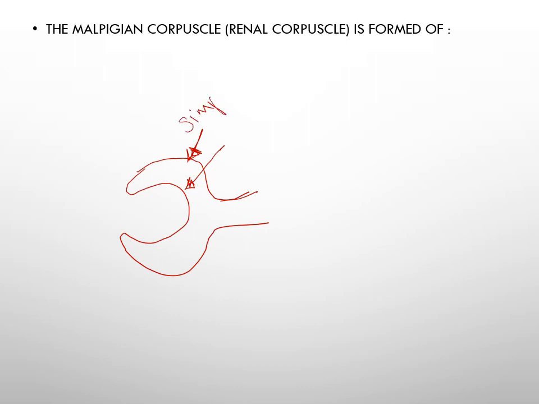What is this structure that I'm drawing? Yes, you're right, this is the Bowman's capsule. It is formed of a parietal part and a visceral part. This part is formed of simple squamous epithelium, whereas this part is formed of what? Yes, it is formed of podocytes.